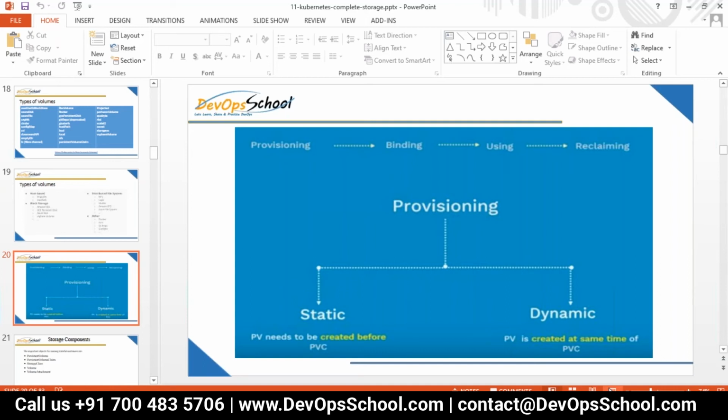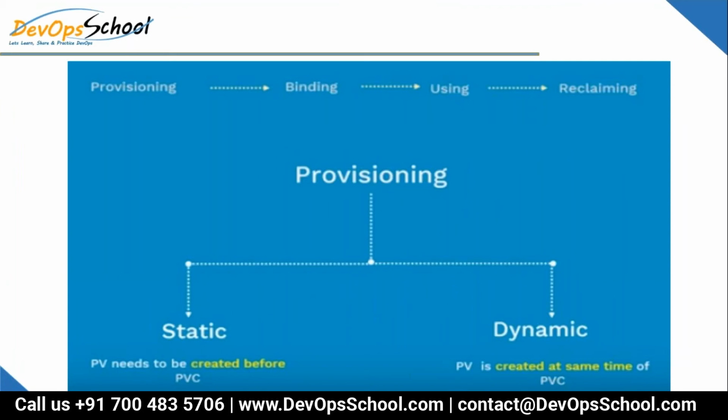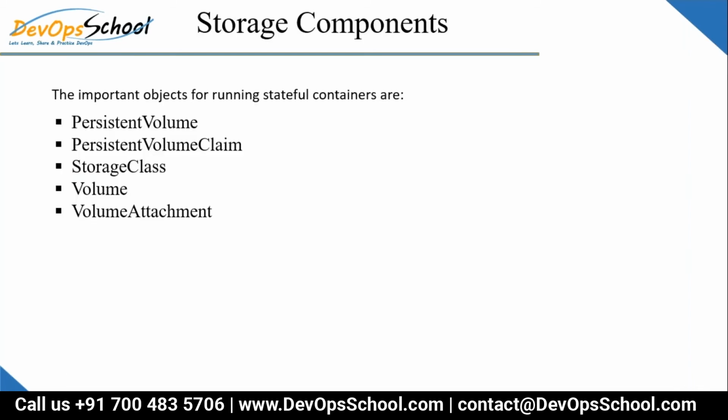Okay, let's move on. So I hope you understand that as an administrator you are doing provisioning and binding, and as a user you'll be doing development and using. These are the APIs we are going to use in today's session in our storage: PV to create a PV, PVC to create a PVC, storage class for dynamic provisioning, and volume and volume attachment for using.